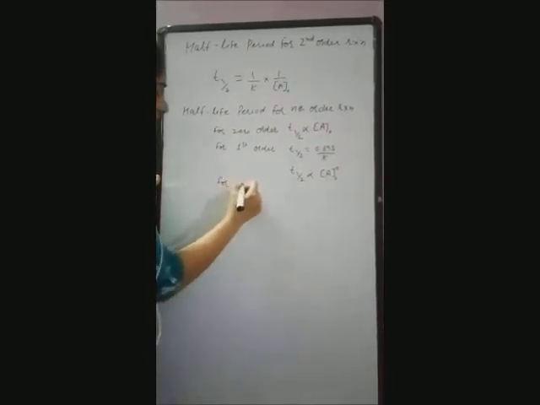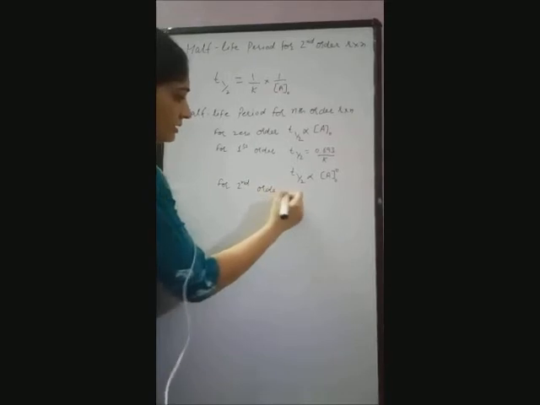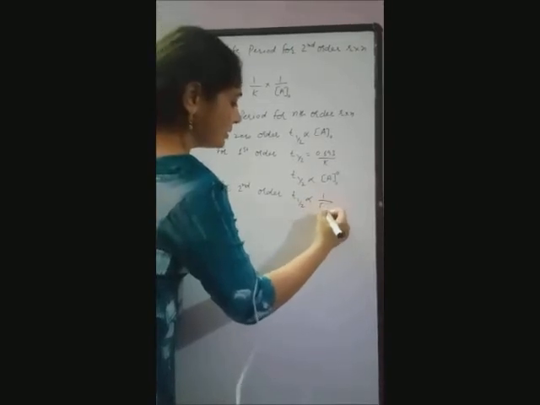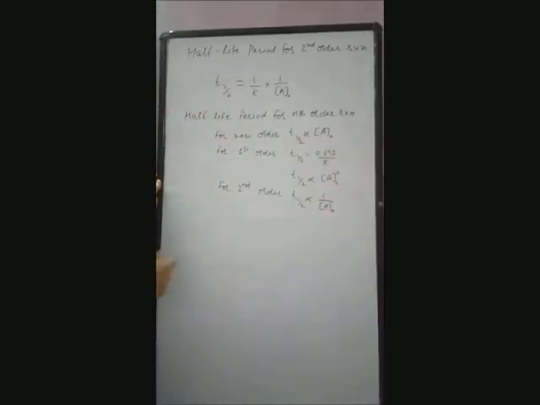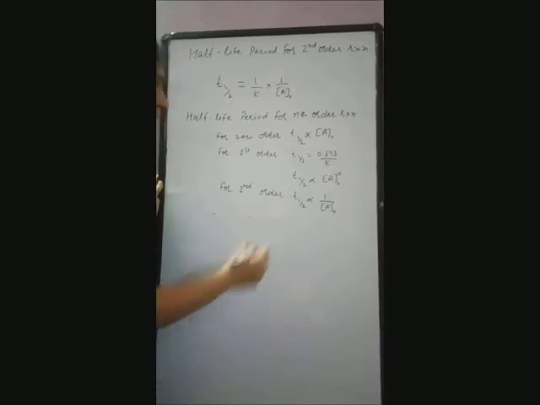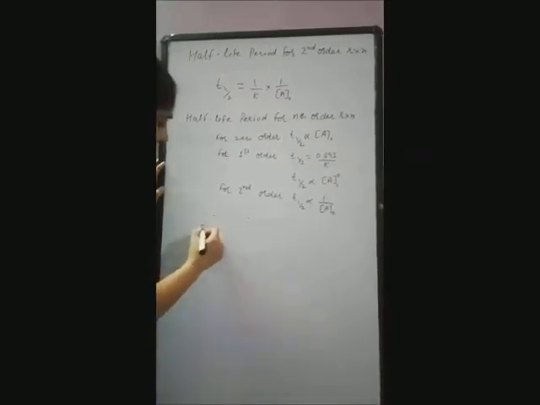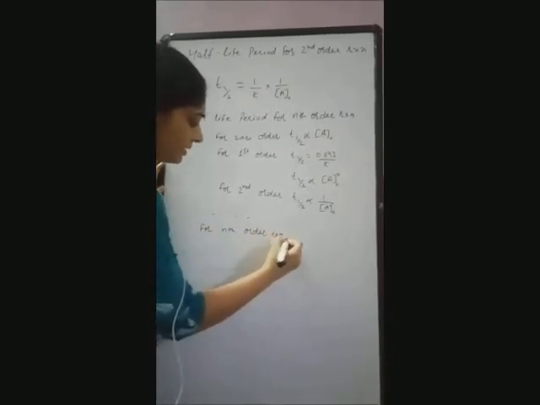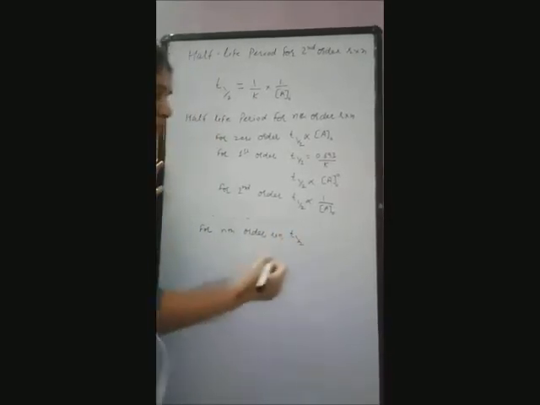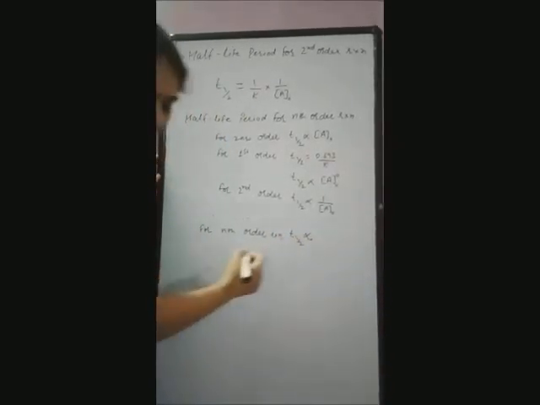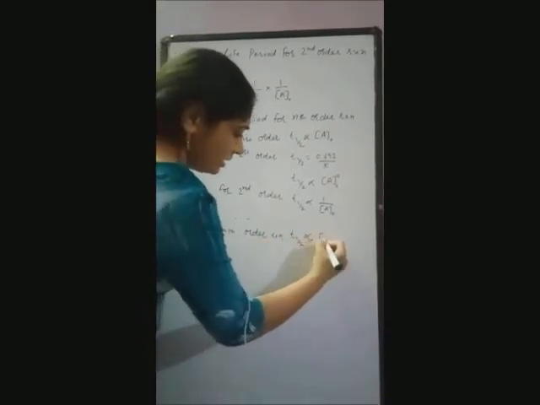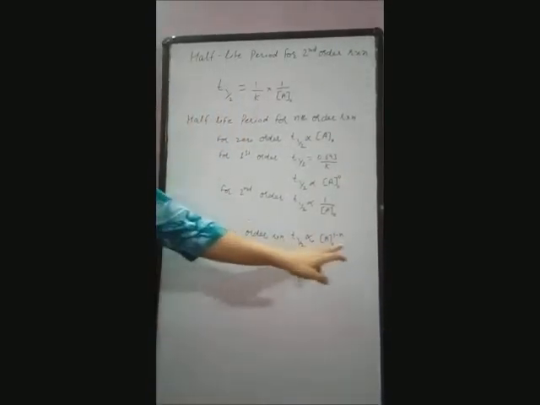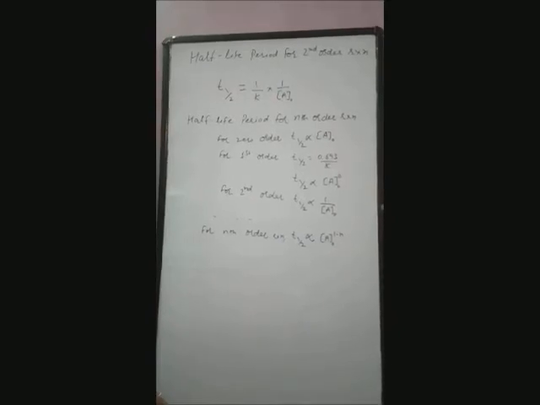For second order, T half is proportional to 1 upon initial concentration. Similarly, for higher orders and for nth order reaction, T half is proportional to initial concentration raised to power 1 minus n, where n represents the order of the reaction.